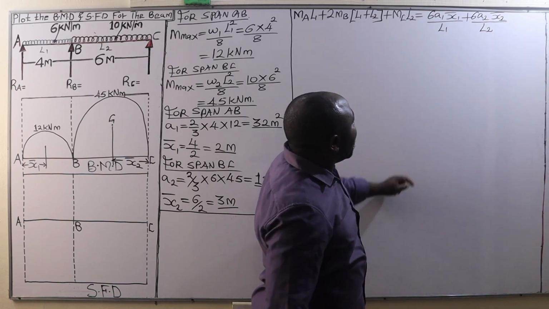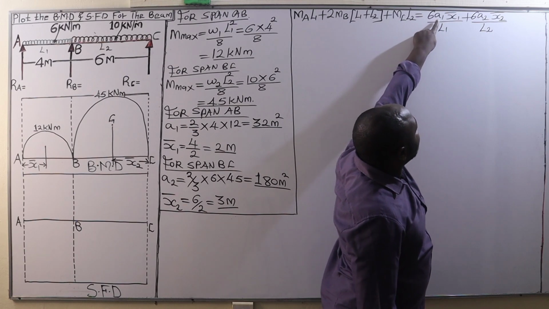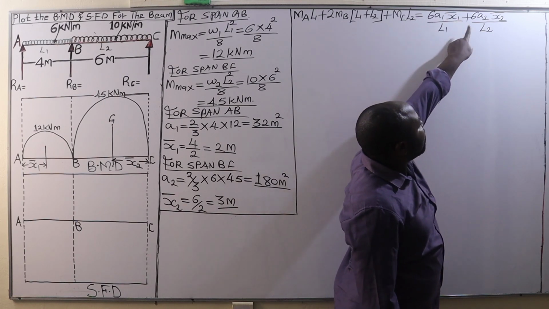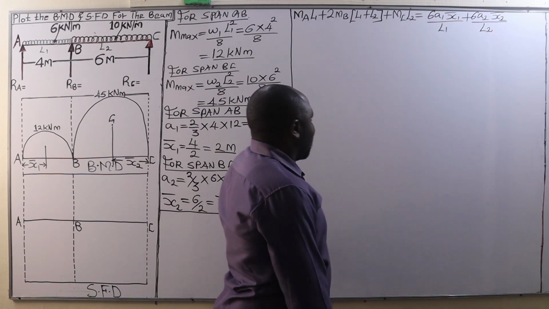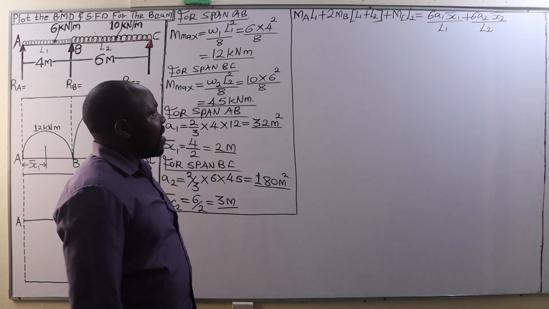That's why we began by calculating A1 bar x1 and A2 bar x2, so that we substitute them there.